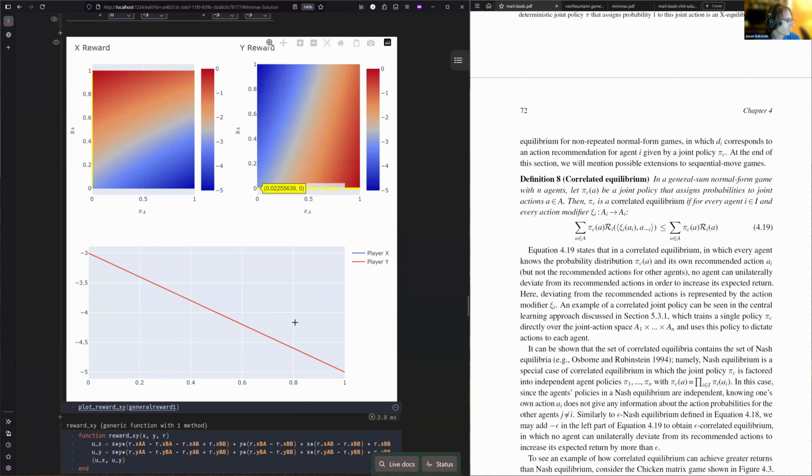In this case, the Nash equilibrium occurs over here. It's just extreme values the whole time, and both players defect. So x equals 0 means that you select the second action, which in the prisoner's dilemma is defection. So both players defect.